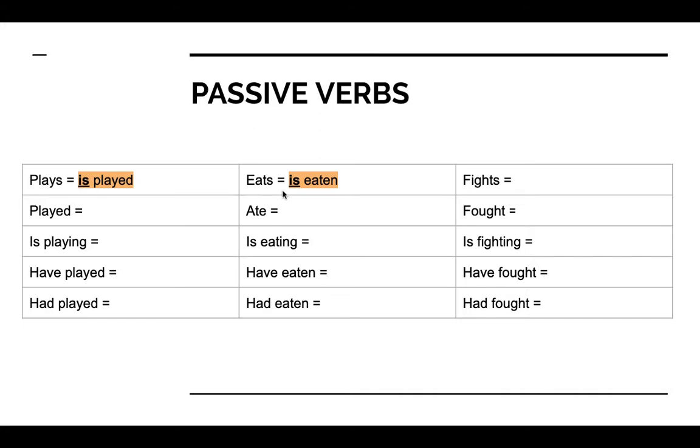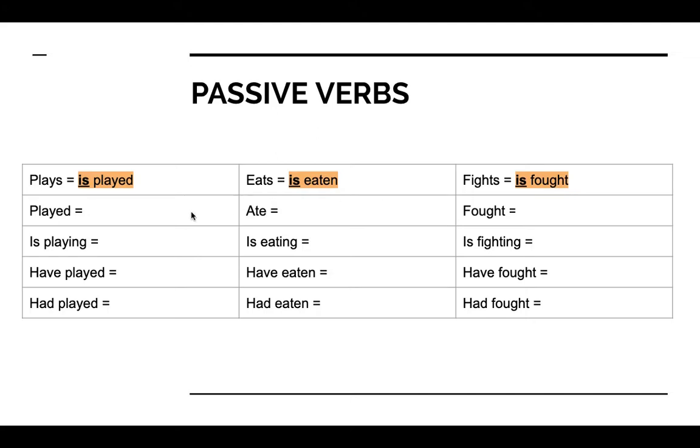So plays and eats, which is obviously in the present simple tense, becomes is played, is eaten, and therefore fights, as you've probably guessed, will be is fought. I've got my present simple verb to be, is, conjugated correctly, not am or not are, because fought is still the singular verb. So is fought, and then we've got verb 3, fight, fought, fought.